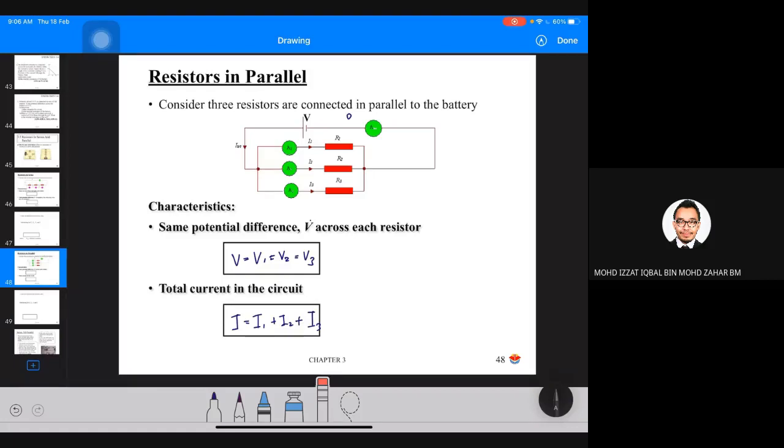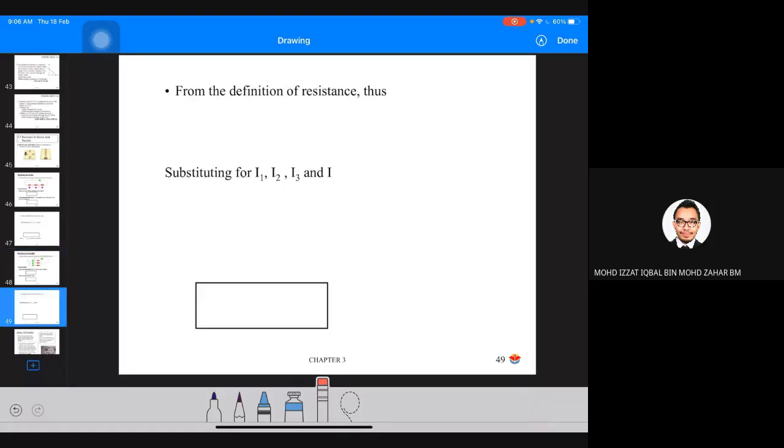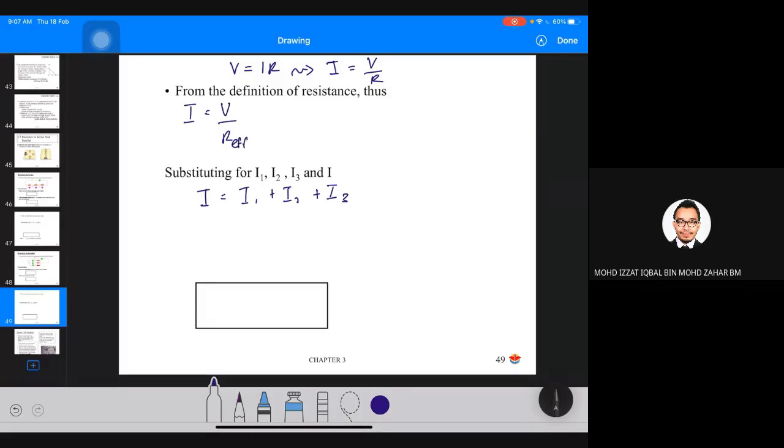So if you look back here, okay, this one actually I is also I across 1, across 2, across 3. But here I already made them equal beforehand, so I didn't write it earlier. But actually it is written, when you substitute there is still more, but then it is cancelled because they are the same. So if I substitute inside here, it will be V over R effective equals to V1 over R1 plus V2 over R2 plus V3 over R3.